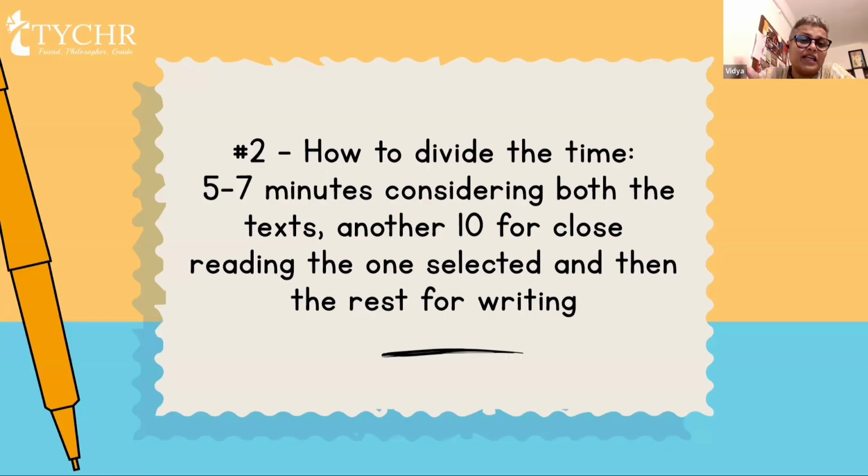It's not cast in stone, but roughly it is expected that when you are given 2 options, you would take about 5 to 7 minutes from that 1 hour 15 minutes to consider both of them. So let us say you have a comic strip and an article, you are roughly glancing through both of them for about 5 to 7 minutes, considering which one to pick, right?